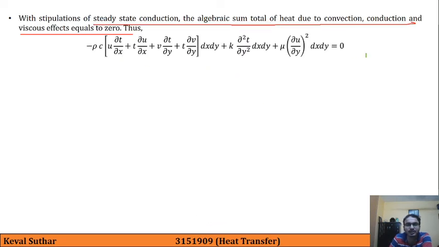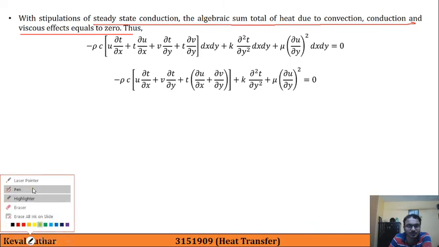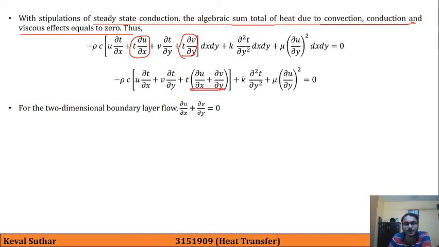So this is the final equation that we are getting, and what we have done is we have combined this term and this term. So this is the continuity equation, so this term will get 0. So we are left with only the remaining terms here.